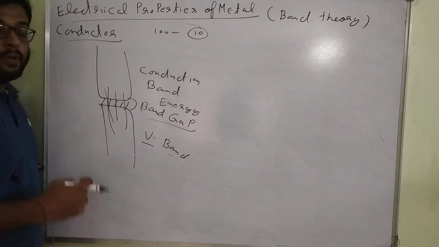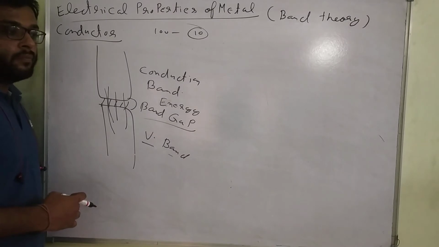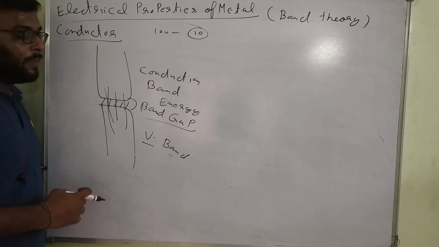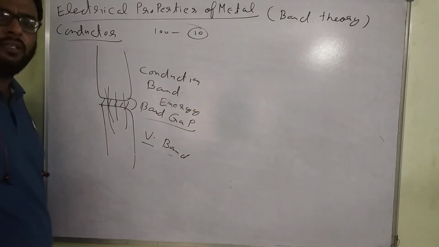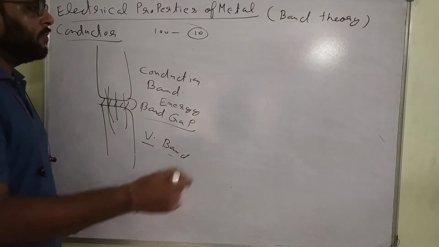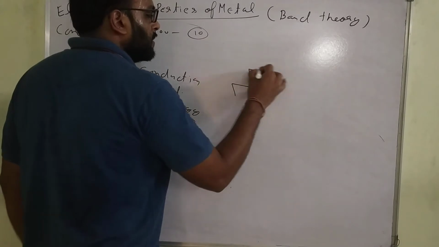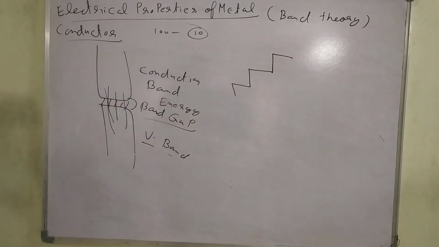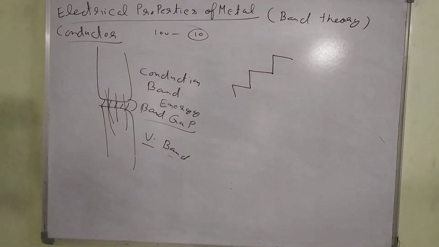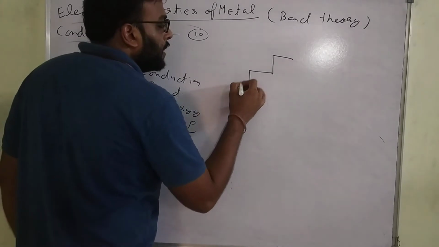Suppose I give an example: you have to jump stairs. One stair, anybody can move. Just note down this. You have to jump from here to here.